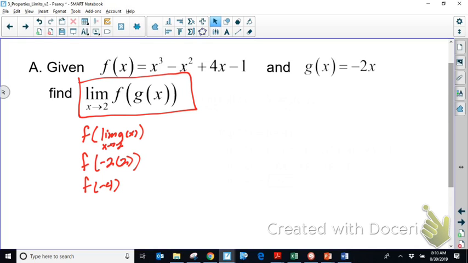Now, using my normal function notation, I'm going to evaluate f of negative 4. Anywhere I have an x, I will substitute the negative 4.